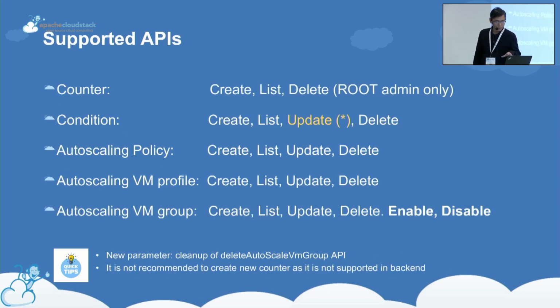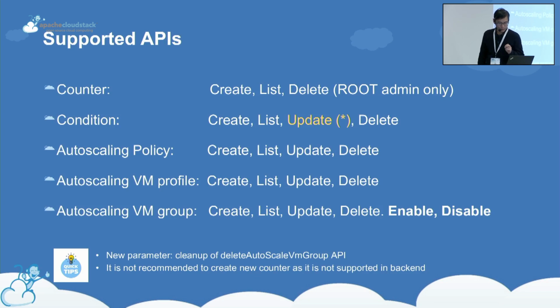The supported APIs for counter are create, list, and delete. They are root-only. They can only be called by root admin. And the rest of the APIs, condition, policy, VM profile, and the VM groups can be called by the normal users.